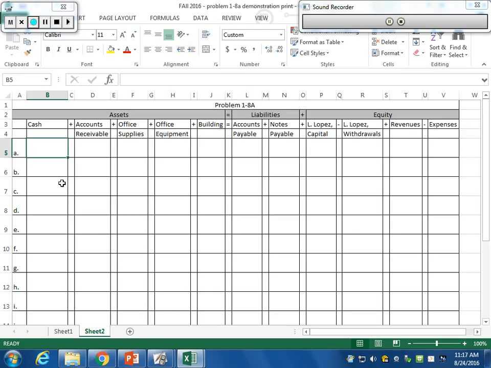Okay, so if she invested $70,000 of cash and office equipment of $10,000, tell me where those numbers go on your chart. What cash? So cash increased by 70,000, and then office equipment is 10,000. 80,000 increase in capital. Good. Capital is 80,000.